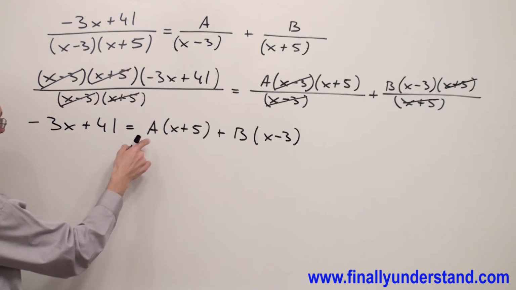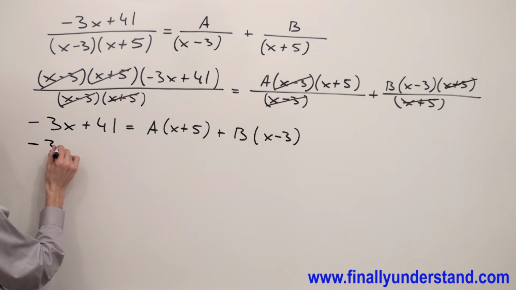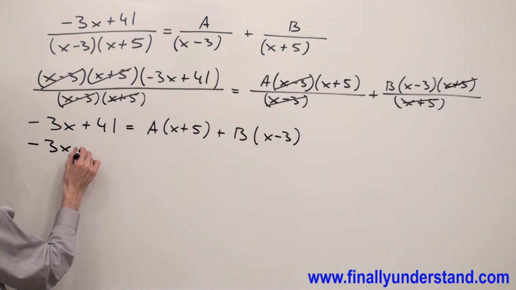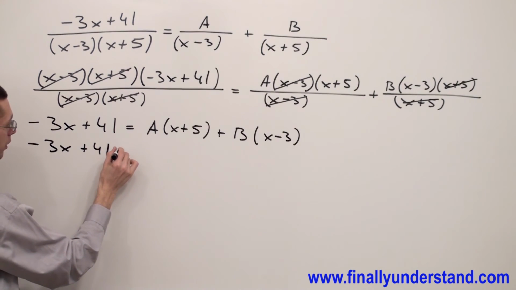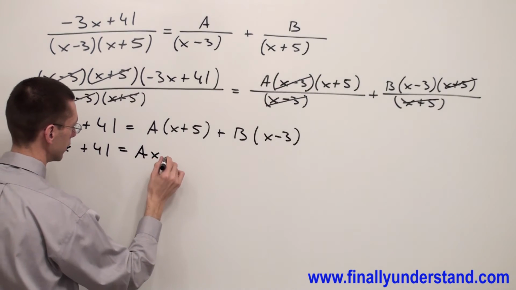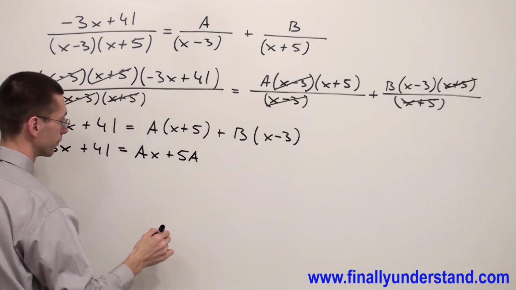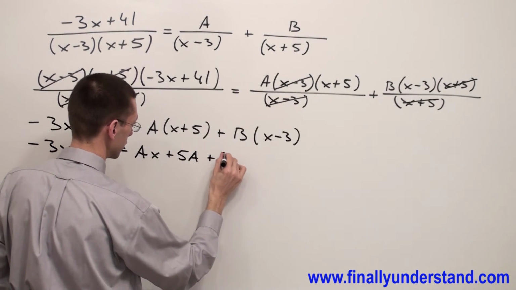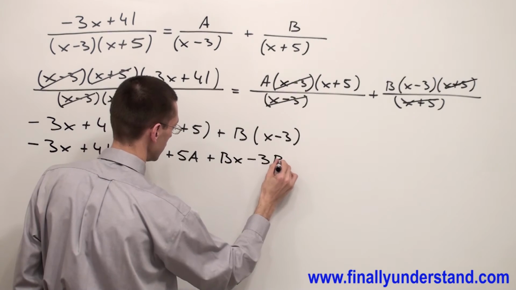Next, I'm going to eliminate the parentheses on the right side of my equation. I have minus 3x, copy down everything you are not going to use at this moment, plus 41 equals ax plus 5a plus bx minus 3b.